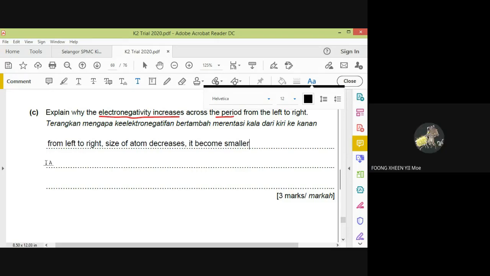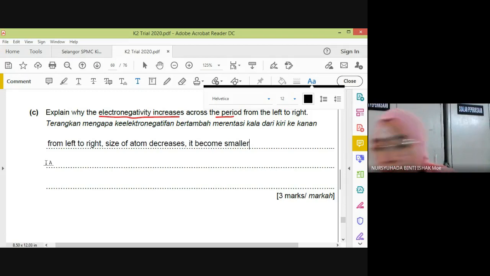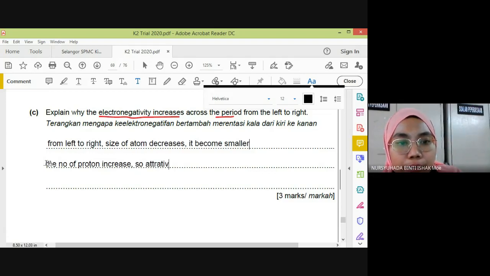More proton. Okay, betul. Because the number of proton increase. Okay, bila number of proton increase, so the attractive forces also increase. Bila attractive forces increase, apa yang berlaku?